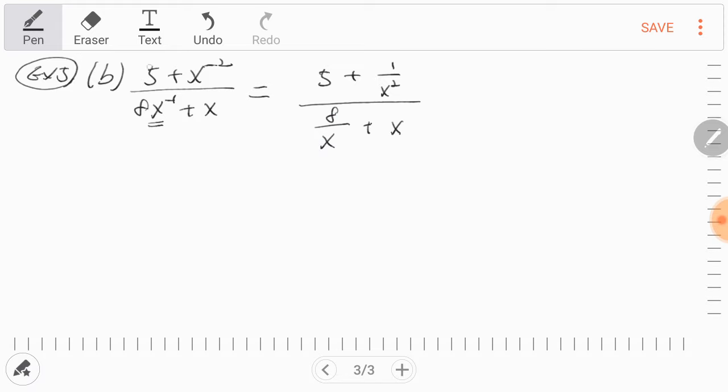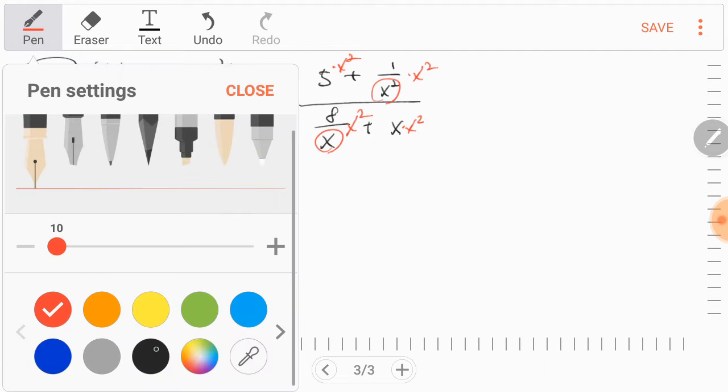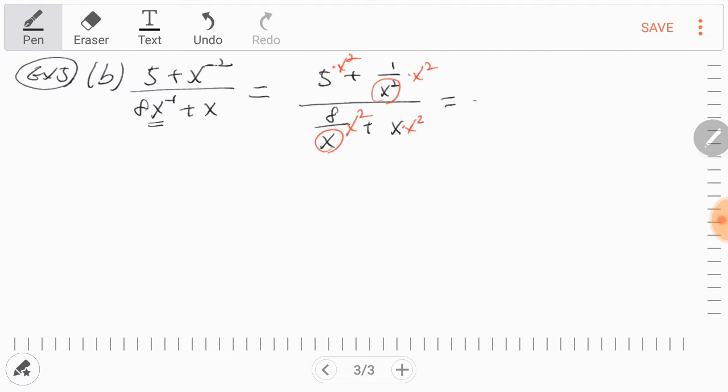And since the LCD is x squared, multiply everything by x squared. X squared, x squared, and x squared. Then the numerator will remove all the denominators, I mean the fractions in the numerator. So there will be 5x squared plus, x squared cancels out, 1.